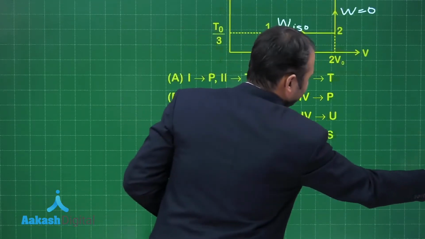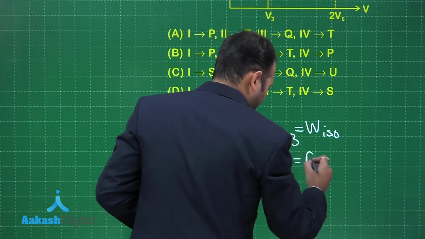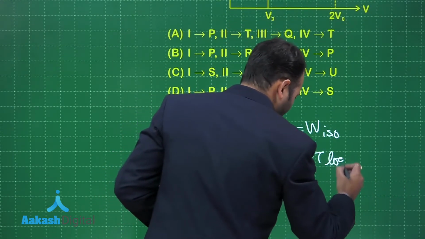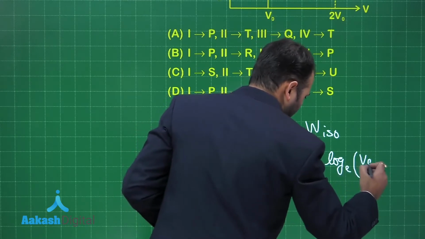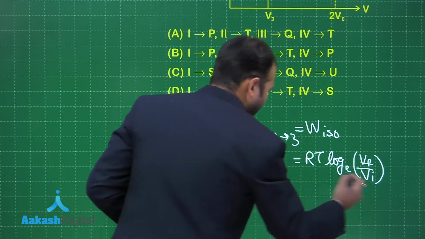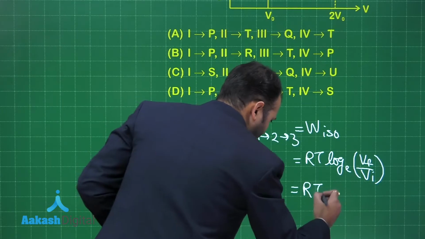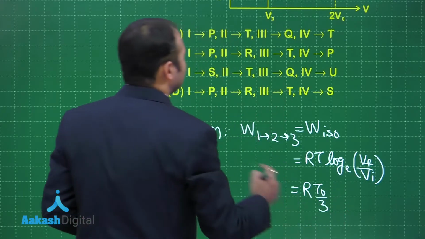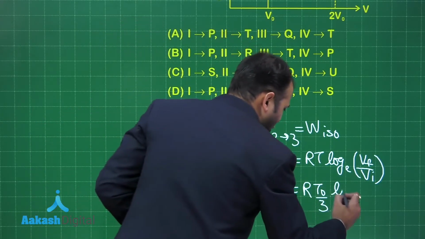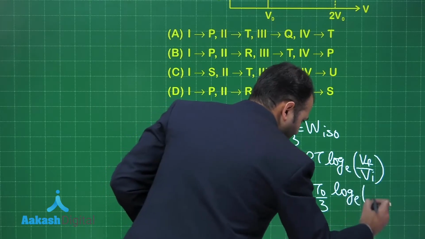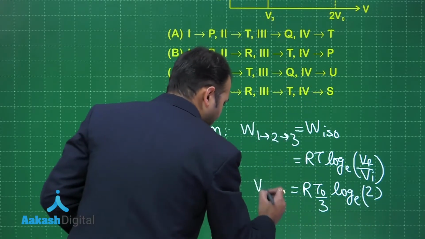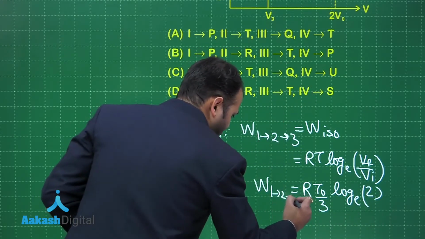What is the formula here? You can write RT natural log of V final by V initial, right? When you put down the values, it is RT naught by 3, because the temperature here is T naught by 3, into log base e 2. So this is the work done 1 to 2 to 3, right?